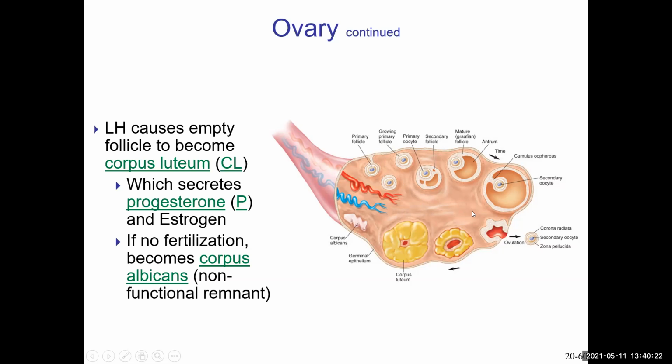It contains areolar connective tissue, blood vessels, nerves, lymphatic vessels, and other stuff. But the cortex contains different stages of oocytes.